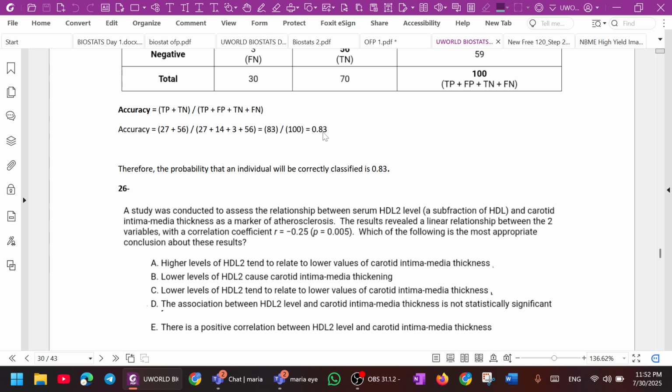The results revealed a linear relationship between the two variables with a correlation coefficient R equal to minus 0.25. P-value is equal to 0.005. Which of the following is the most appropriate conclusion of this result?